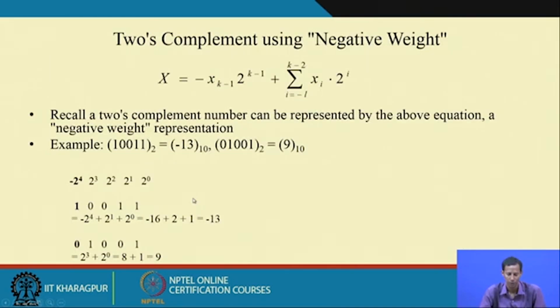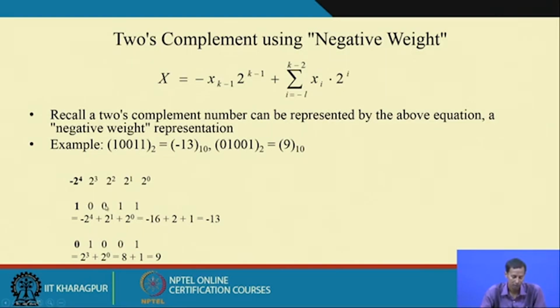The 2's complement representation is basically a negative weight method. What is negative weight? In 2's complement format, the weight of the MSB is negative. Suppose I consider 10011 in 2's complement format; this number represents minus 13.